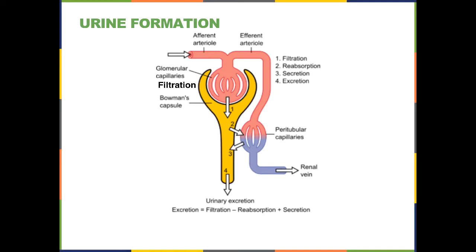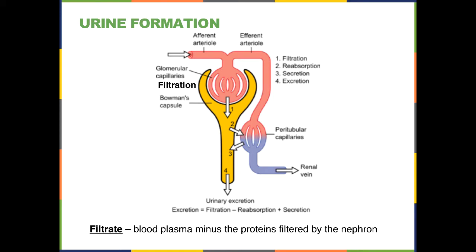So you have the process of filtration, which is where blood plasma minus the proteins is filtered by the nephron. At the point of filtration, what is generally taken is the plasma, but the proteins themselves are not filtered. Then a major portion is reabsorbed in a process of reabsorption, primarily in the proximal convoluted tubule.